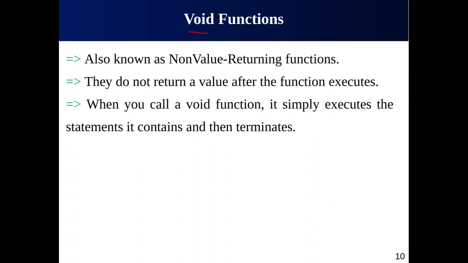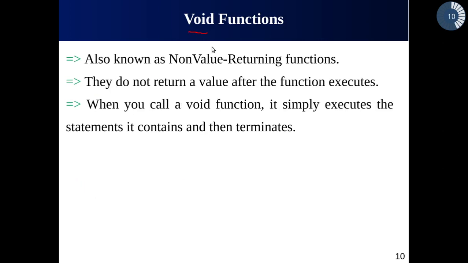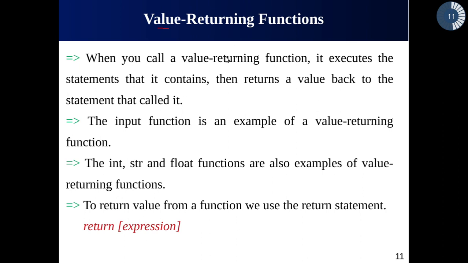On the other side, when you call a value-returning function, it executes the statements that it contains in the body, then it returns a value back to the statement that called it. That is the basic difference between a void function and a value-returning function. Here, no value is returned. In value-returning functions, a value is returned when you call the function.